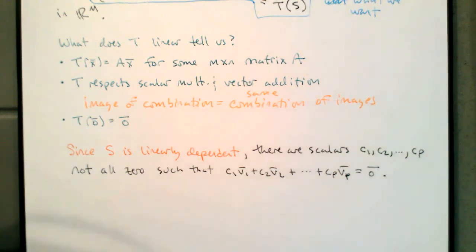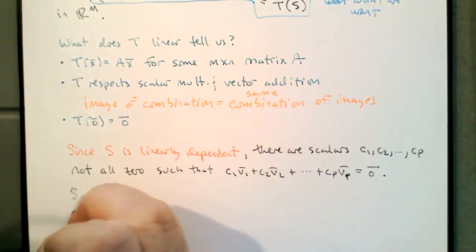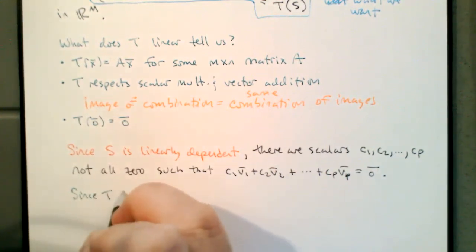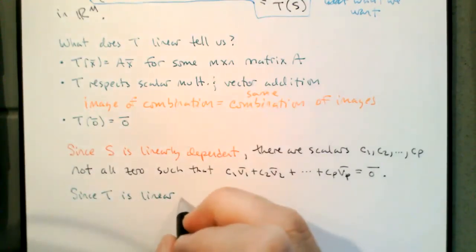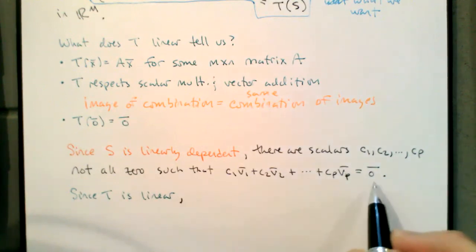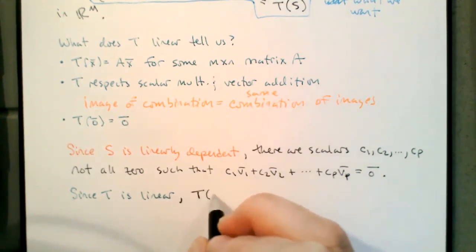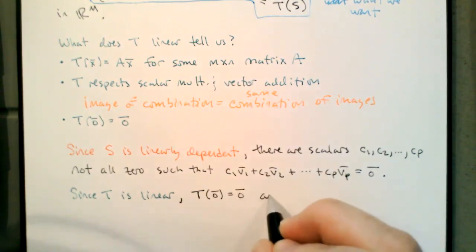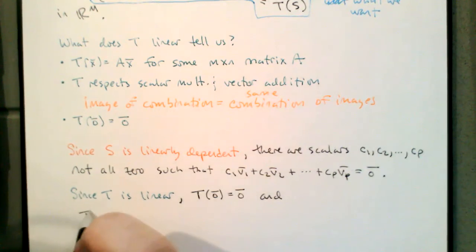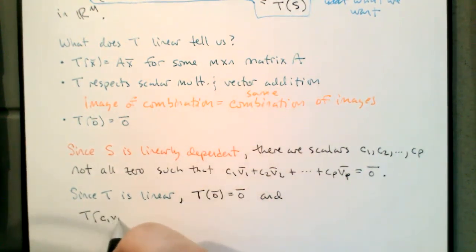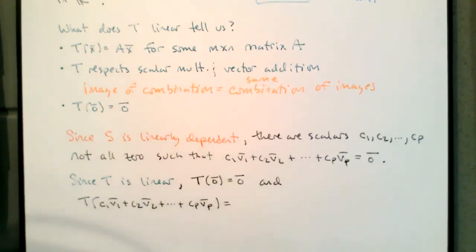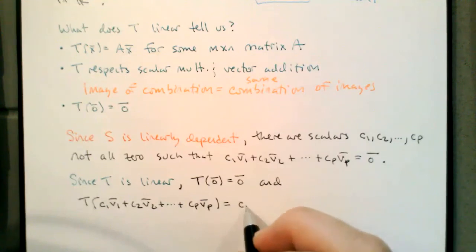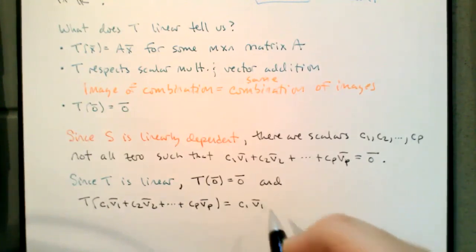So we'll say, since T is linear, T of 0 is equal to 0, and the image of this combination is that same combination of the images.